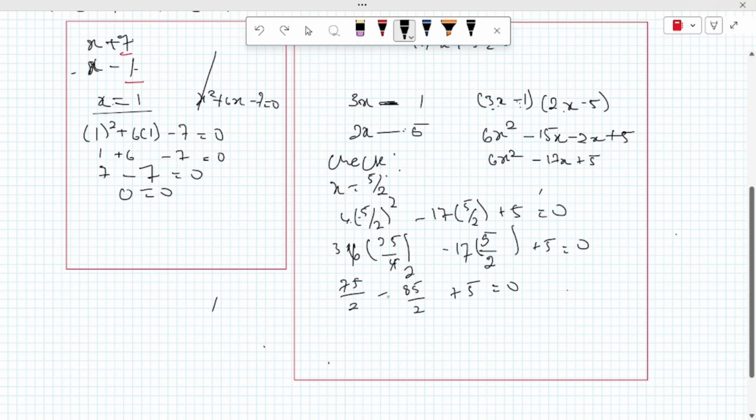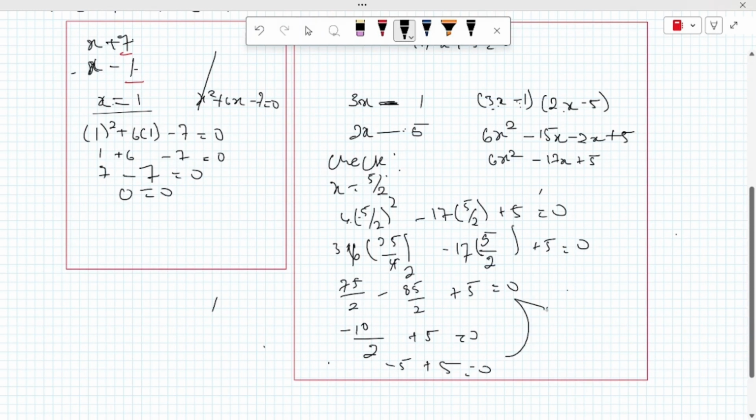So it's 75 minus 85, it's going to be minus 10 over 2. All right, because the denominators are the same, so it's easy. Plus 5 is equal to 0. Right, so it's going to be minus 5 plus 5 is equal to 0.